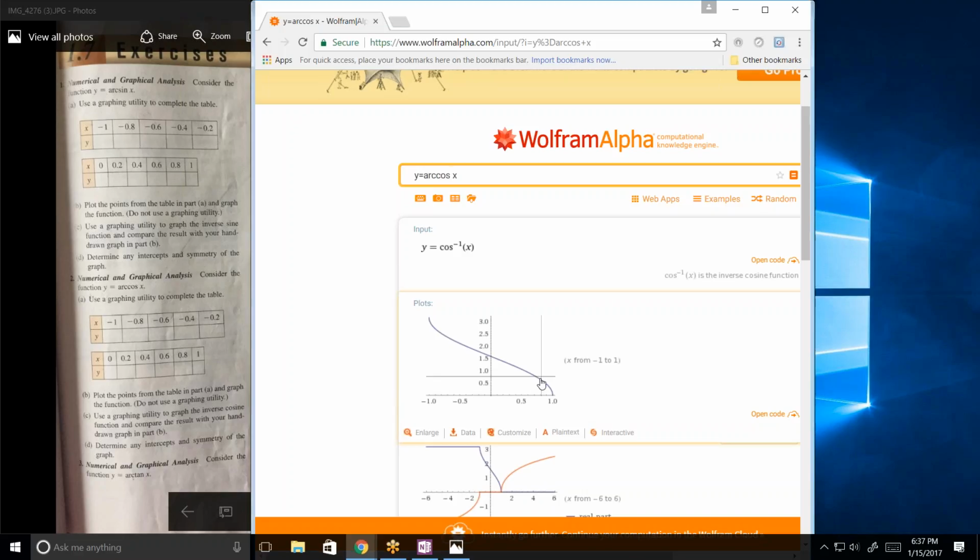And 0.8. 0.8. I would say 0.7 maybe. Yeah. Okay. Opposite. And finally, 1. Just 0. Okay. And that makes sense. The inverse cosine of 1 is 0. Why? Because the cosine of 0 degrees is 1.